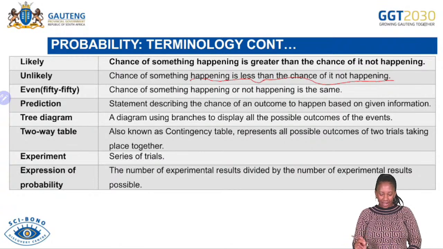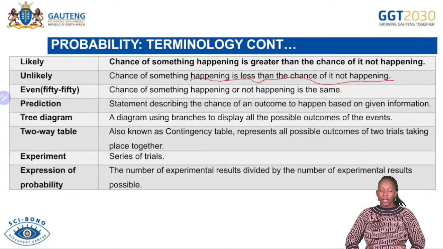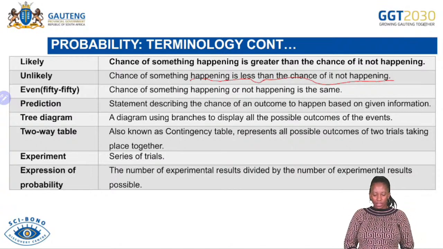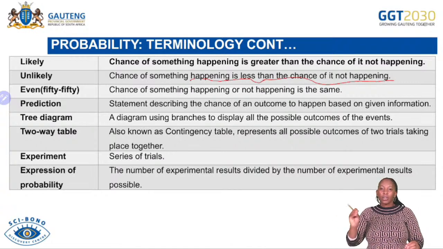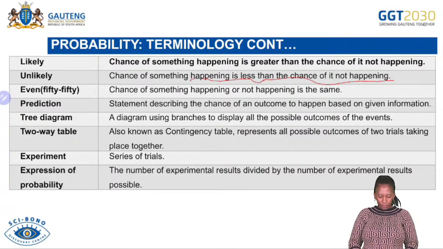That is a tree diagram. Remember, a tree has got some branches. It will have a tree trunk and then some branches. That is why we say it is a tree diagram. So the possible outcomes will be written around the branches. You'll see the example when I show you.